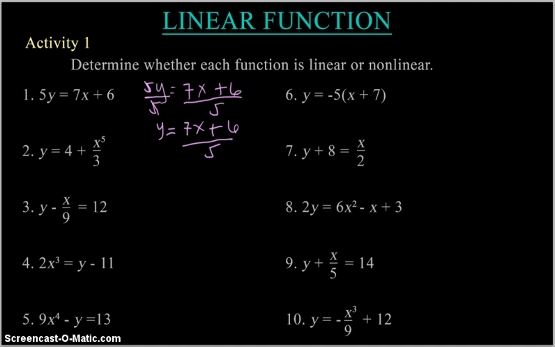Or, pwede rin natin isulat yan na y is equal to 7x over 5 plus 6 over 5. Okay, so kung mapapansin natin, ang exponent natin is 1 and nakasulat na siya sa slope-intercept form. Therefore, itong function na ito ay linear function.